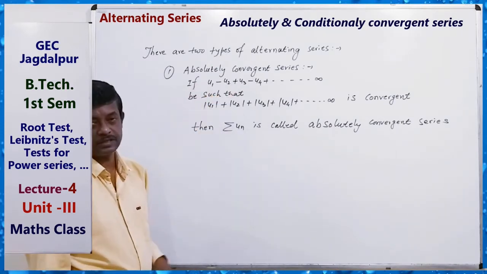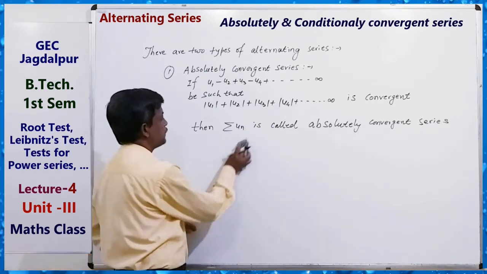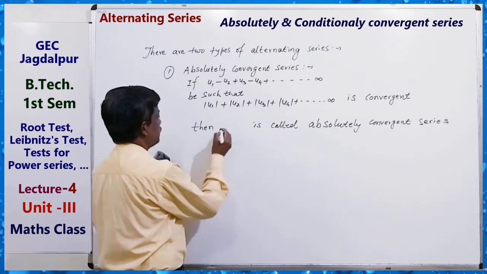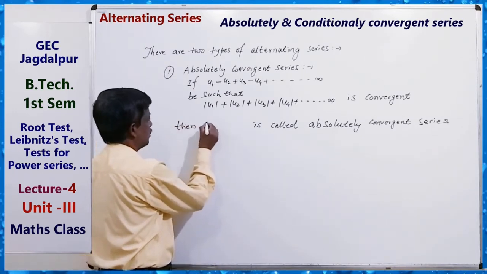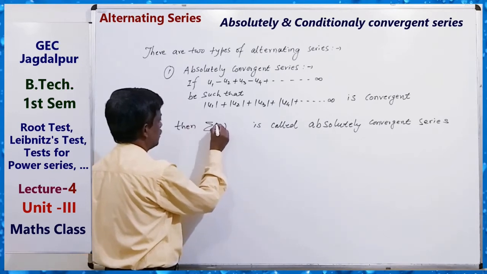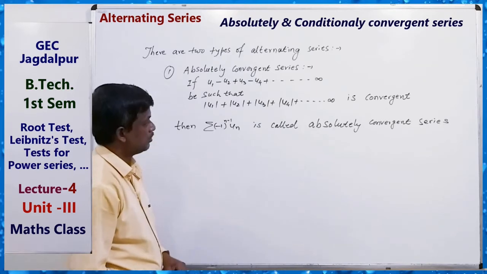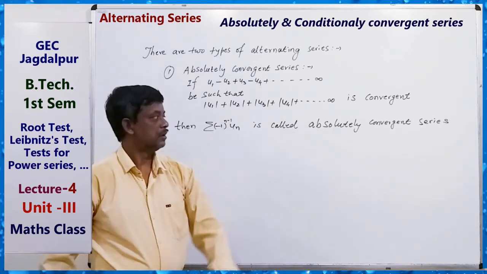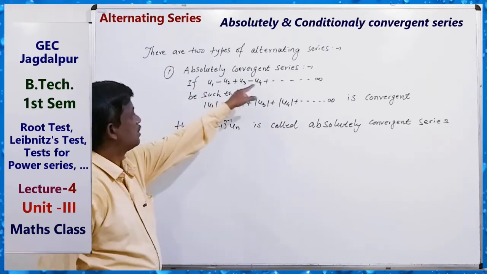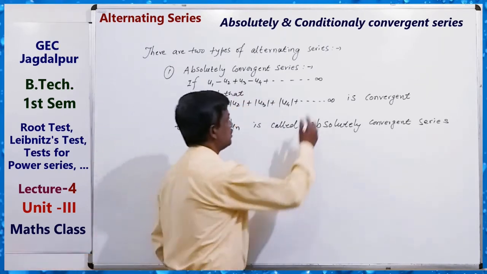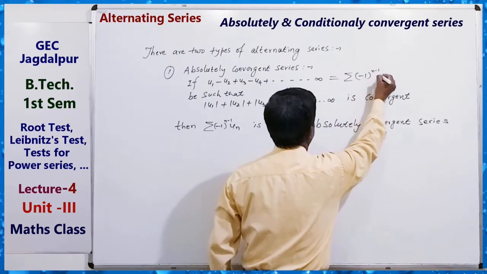If the series is an alternate series, it can also be written as summation of (−1) to the power n minus 1 times un.